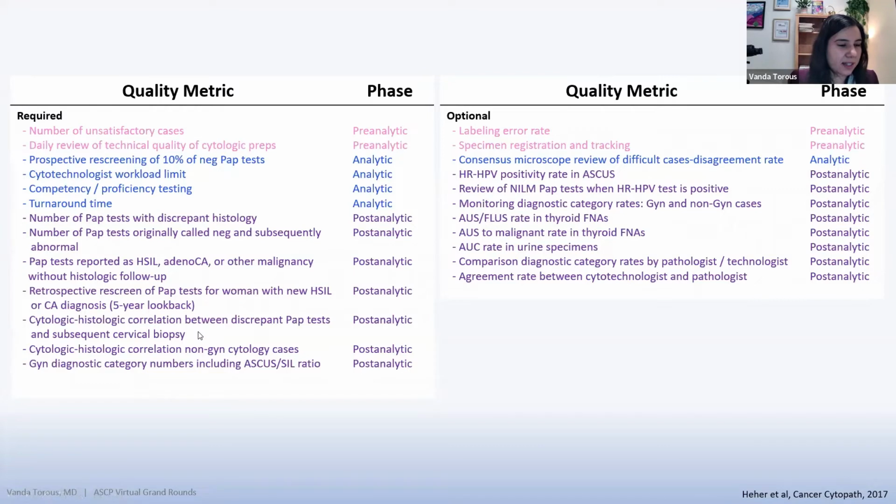You have your cytologic-histologic correlations of both PAP tests as well as non-gyn cytology cases, your retrospective rescreening. So there's a number of different things that we have to collect, but we also have some optional metrics that may be important as well. And I want to discuss some of these in the upcoming slides.